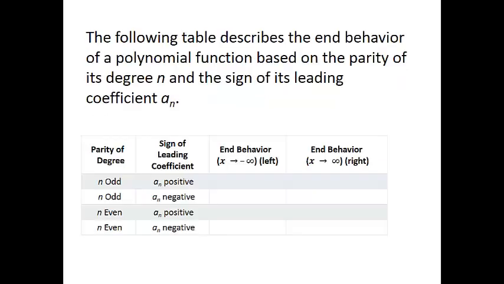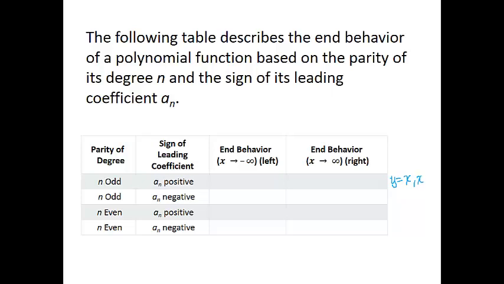We'll summarize what we just talked about. This table will describe the end behavior of a polynomial function based on the parity of its degree, that is, is it even or odd, and the sign of its leading coefficient. So if n is odd and a sub n is positive, what I like to think about in that case is either the graph of y equals x or x cubed.